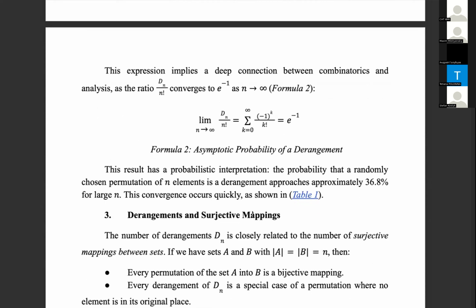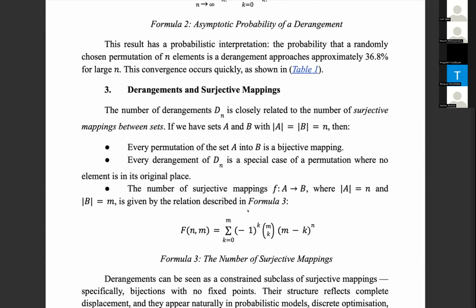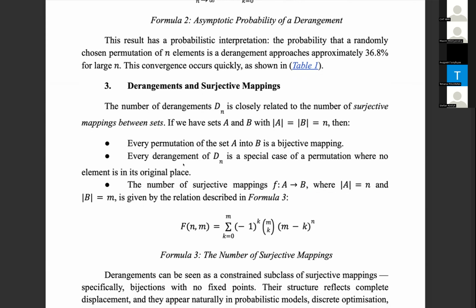Now let's connect derangements with the broader class of surjective mappings. If we have two sets A and B with n elements in both, every bijection is a permutation, and some of these permutations are derangements. But more generally, suppose the set A has n and B has m elements. Without loss of generality, let n be greater than or equal to m.